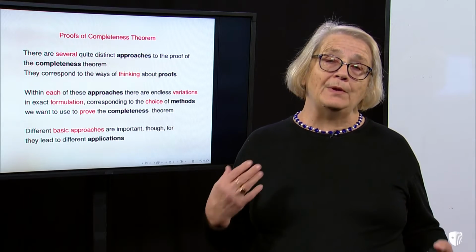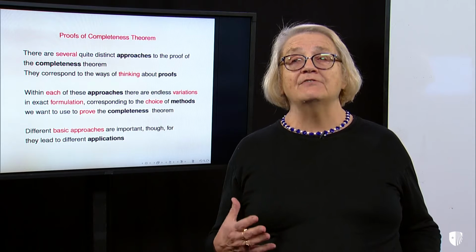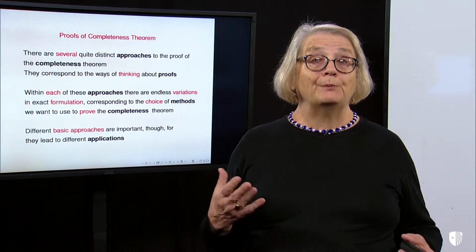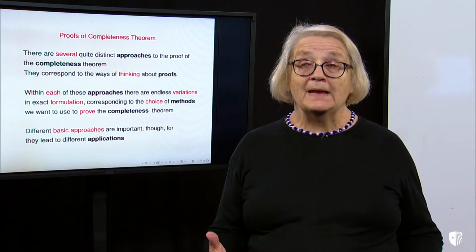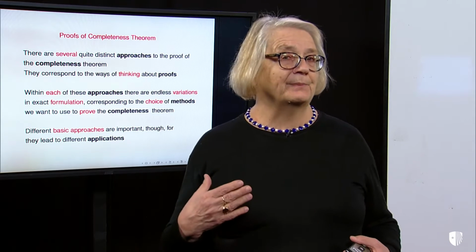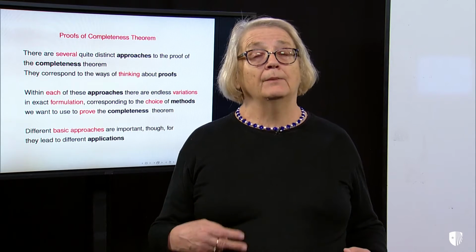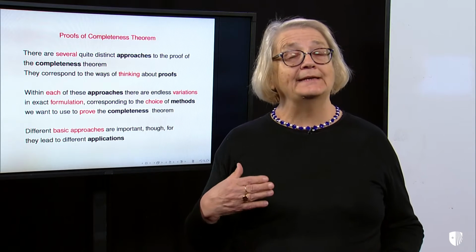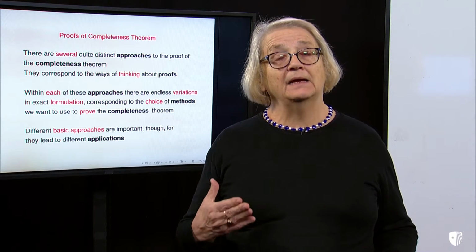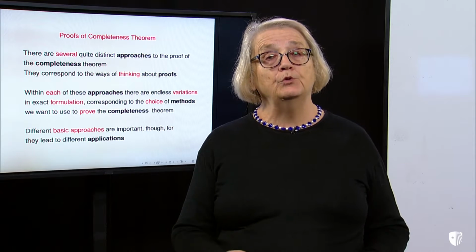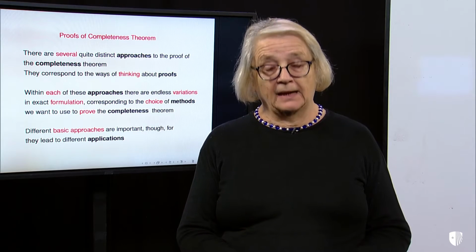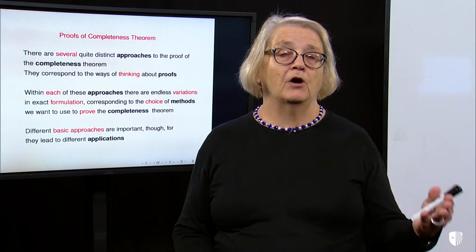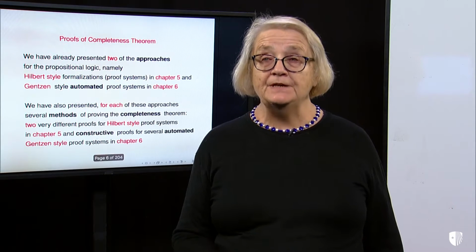We already have several approaches to the proof of the completeness theorem. We did in Chapter 5 two propositional proofs, and also in Chapter 6 the constructive propositional proof of Gentzen type formalization.